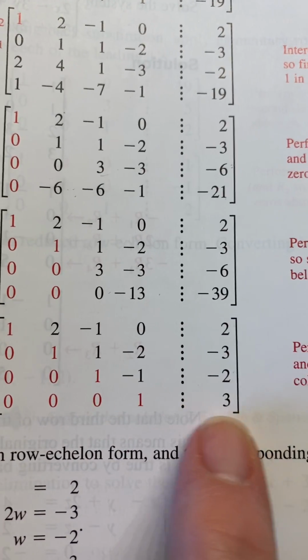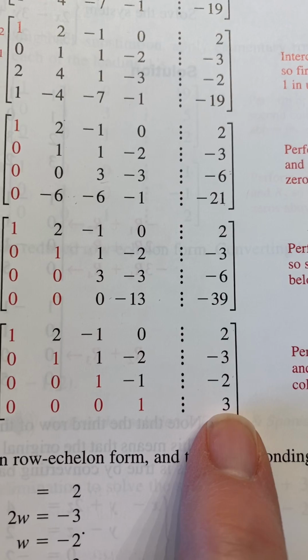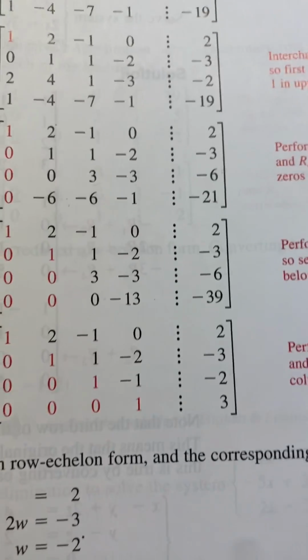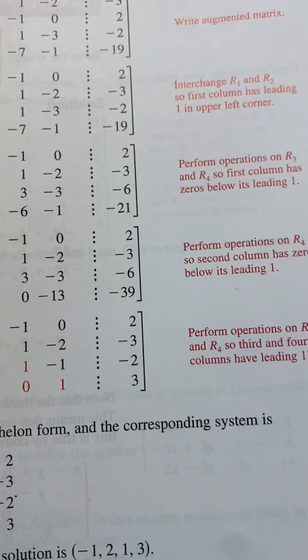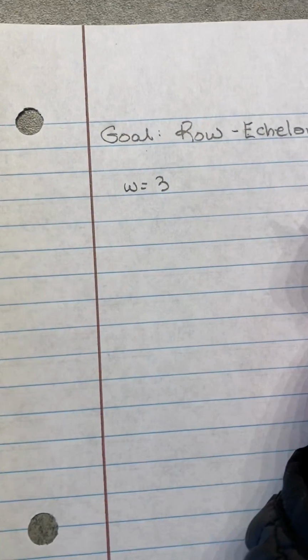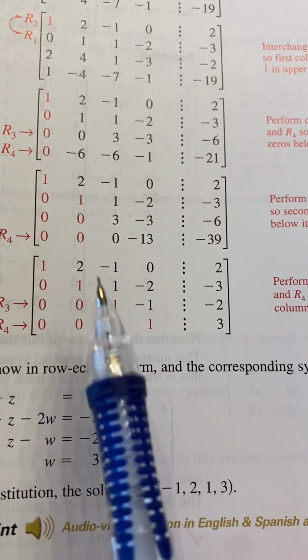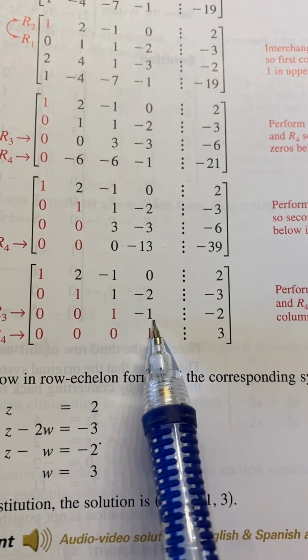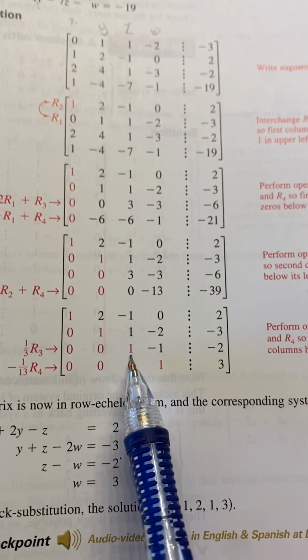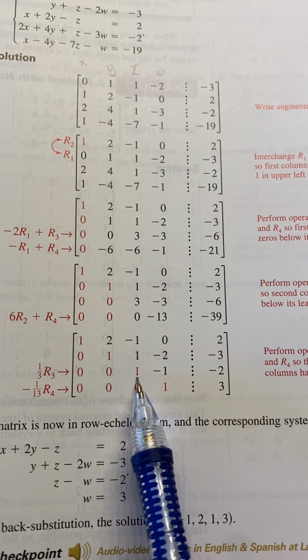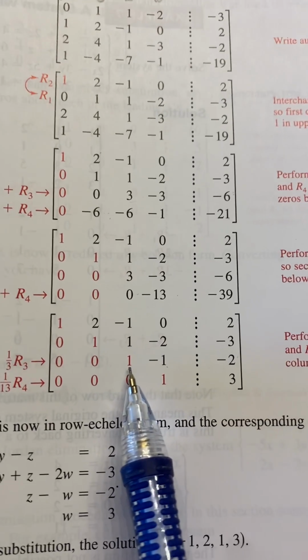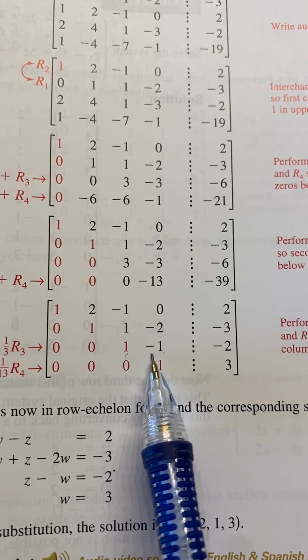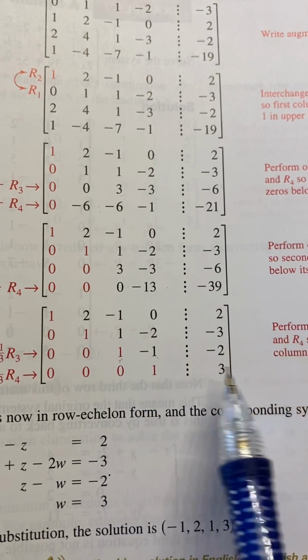So this tells us that 1w is 3, or in other words, w is equal to 3. I'm going to write that down. W is equal to 3. Going back here to our row echelon form, this was the Z column. So we have 1Z minus 1W is equal to -2.